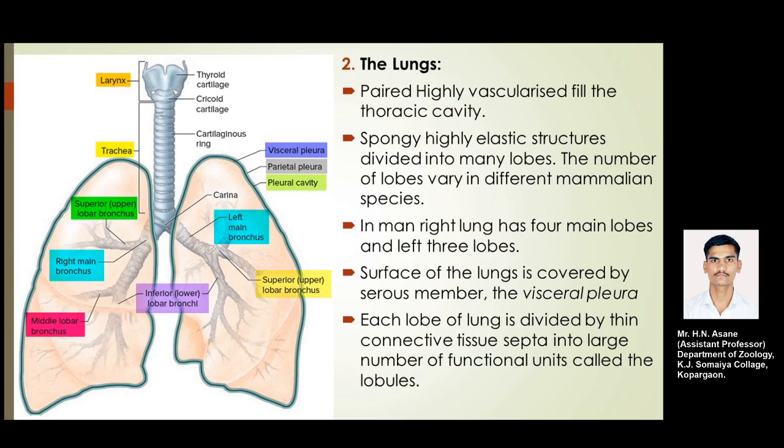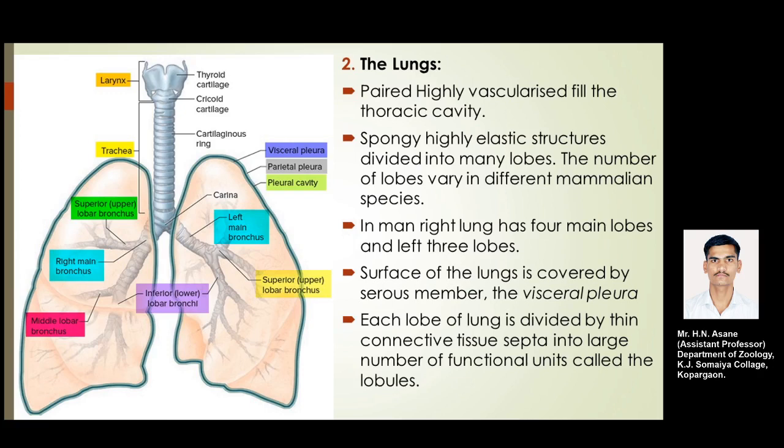They are divided into many lobes. The number of lobes varies in different mammalian species; as the species changes, the number of lobes of the lungs changes.